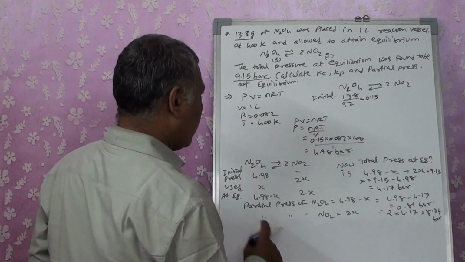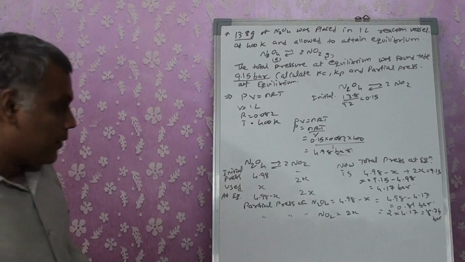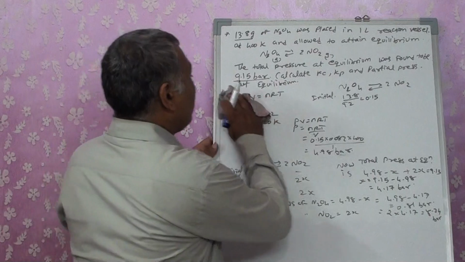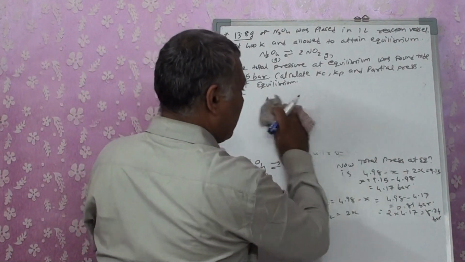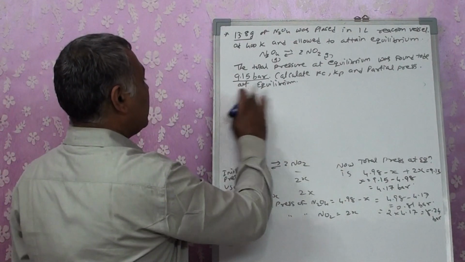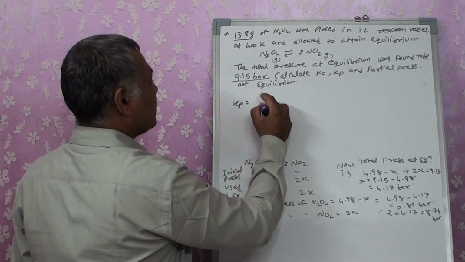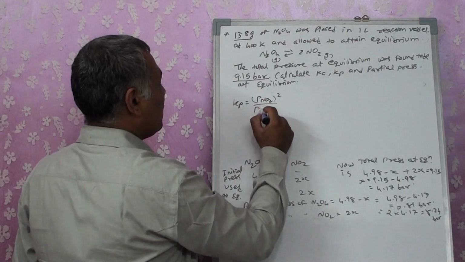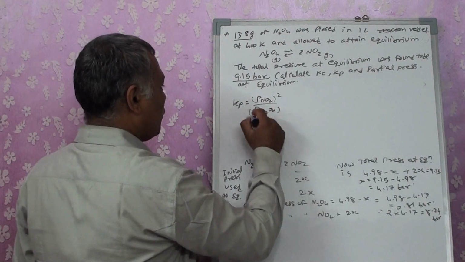Now if I want to calculate Kp, the first factor we got is the partial pressure. Now we will go for the calculation of Kp. Kp equals P of NO2 whole square by P of N2O4.